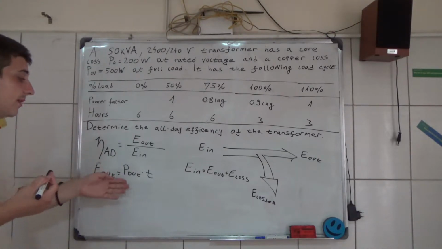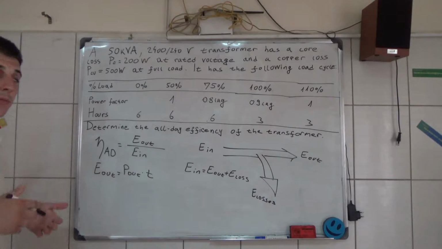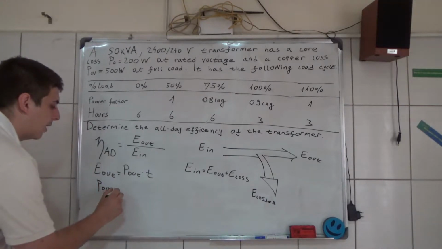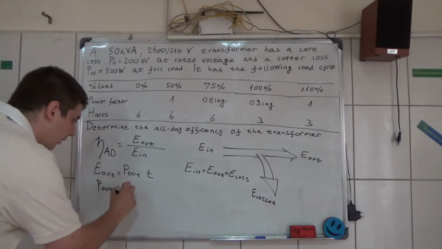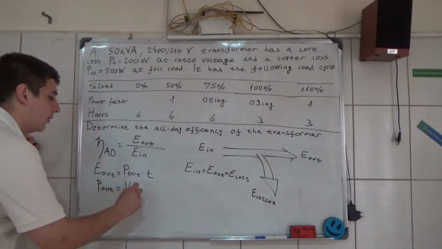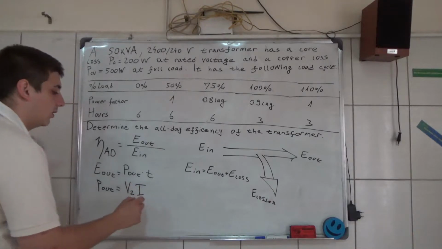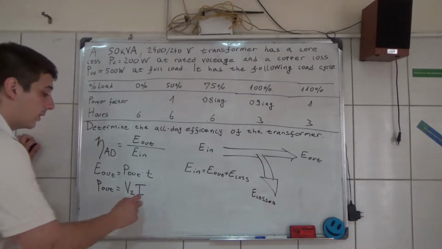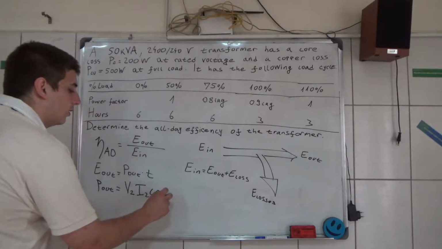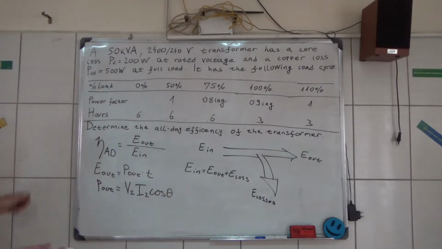Now you know the power output, we did that in my previous videos. The formula for a power output is the voltage on the secondary times the current on the secondary times the cosine of theta, the power factor.